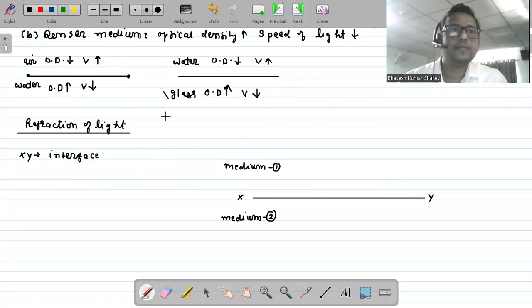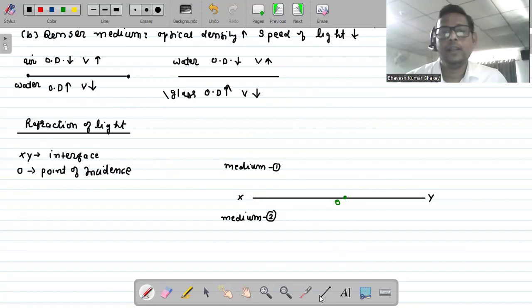Now on this interface, let's take a point O. This point O is called the point of incidence. Now on this point of incidence, let's draw a line like this.